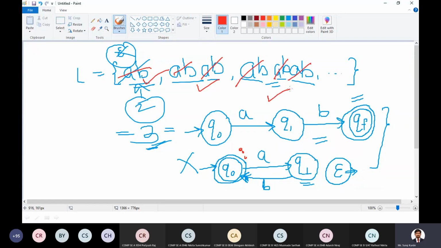It is accepted. But it is in the final state for epsilon input also, which is not required for this particular language. That's why the second diagram is of no use.